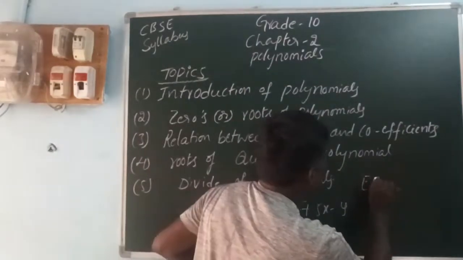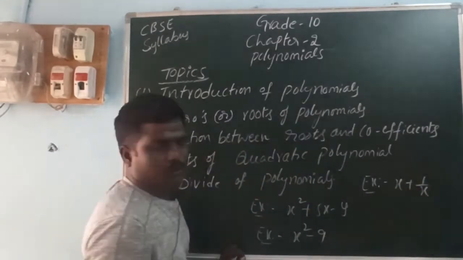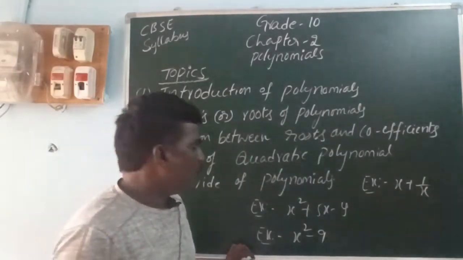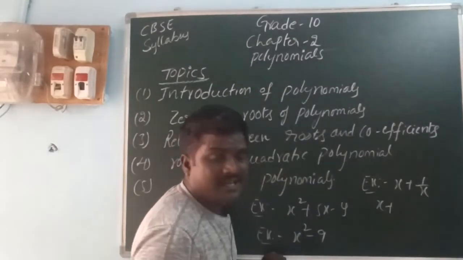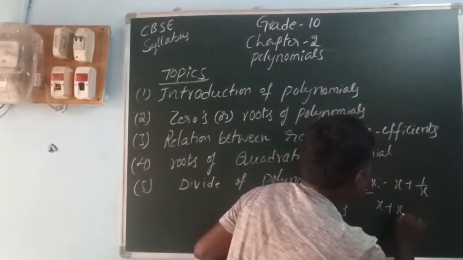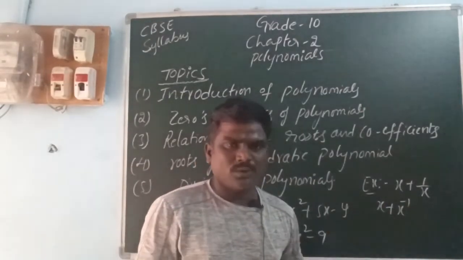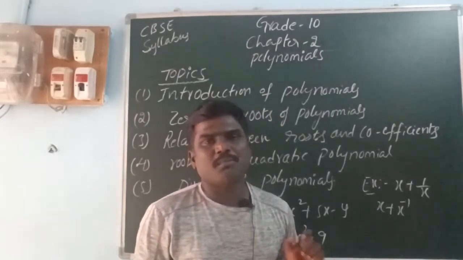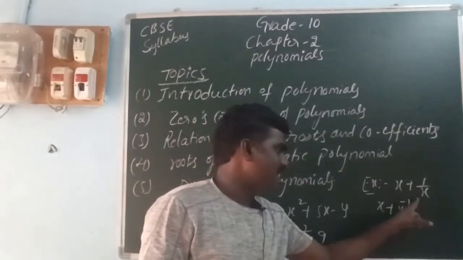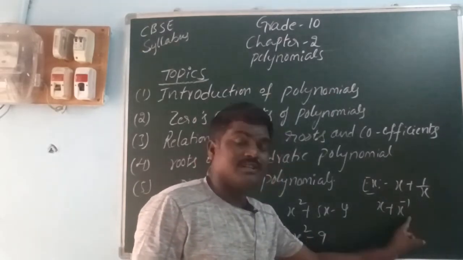Here, for example, x plus 1 by x, is it a polynomial? No, it is not a polynomial. Why? Here x plus 1 by x, how can we write it? x power minus 1. Why can we write 1 by x as x power minus 1? We know one formula: a power minus m is equal to 1 by a power m. So 1 by x we can write as x power minus 1. So here the term degree is a negative integer.